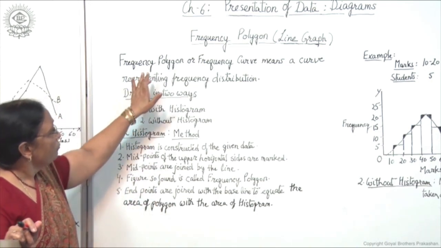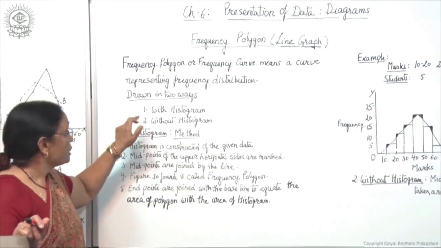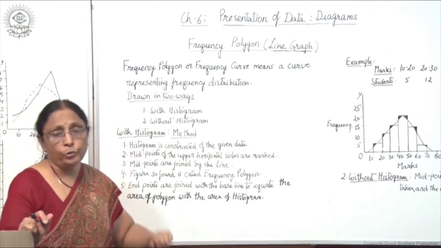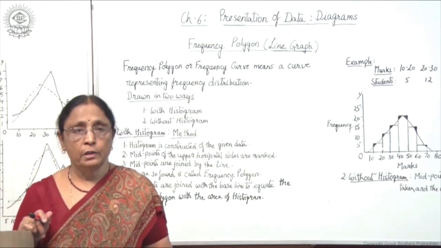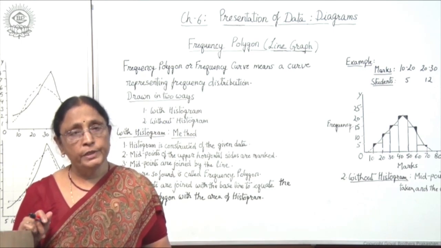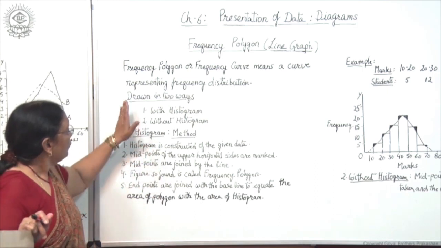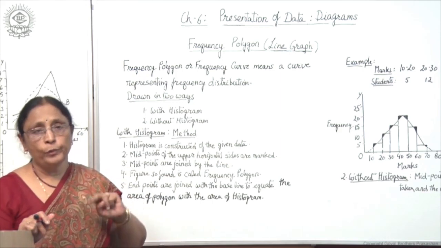Now, these frequency polygons are drawn in two ways. First is with histogram and second is without histogram. In the previous lecture I told you what histograms are. These are joined rectangles representing the frequency distribution. When drawing the frequency polygon, we can do it in both ways.